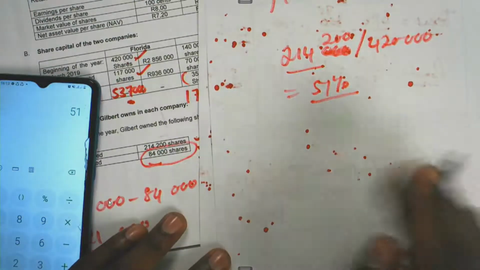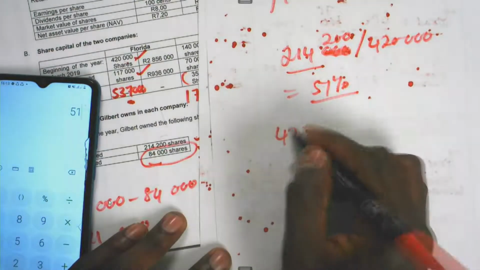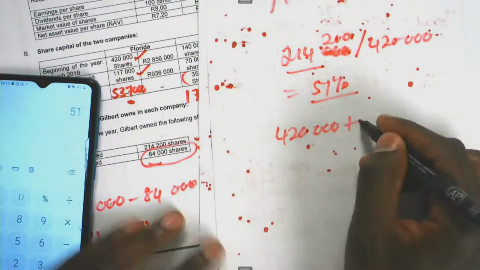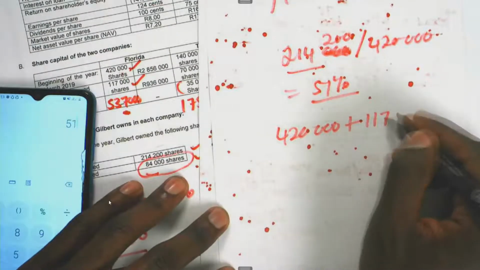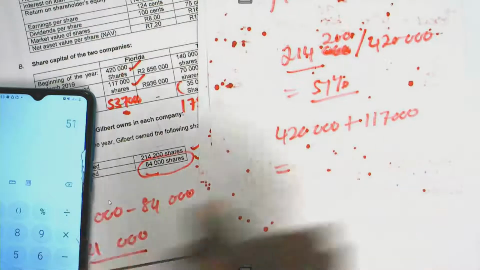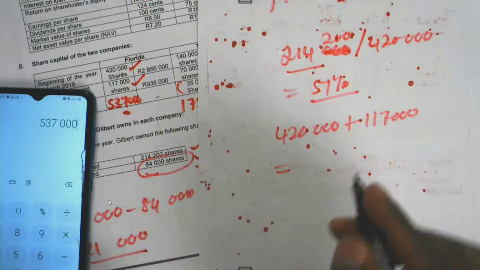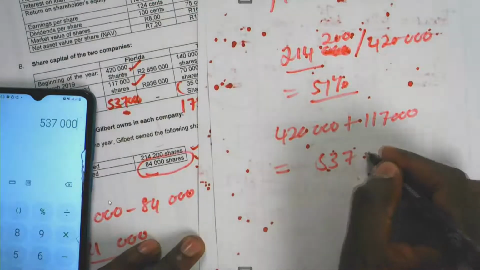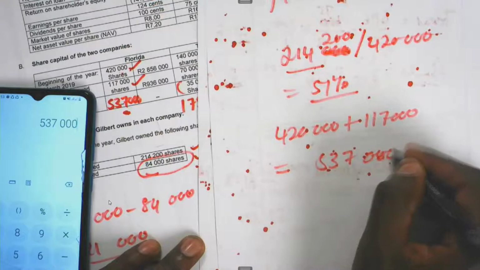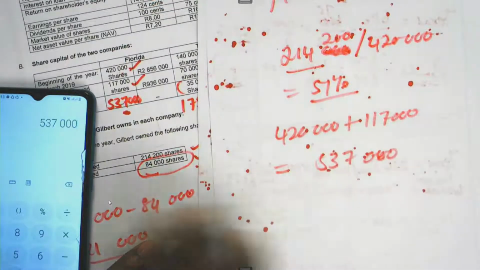Now, during the year, the company issued another 117,000 shares, meaning now the company is staying at 420,000 plus 117,000, which is 537,000.